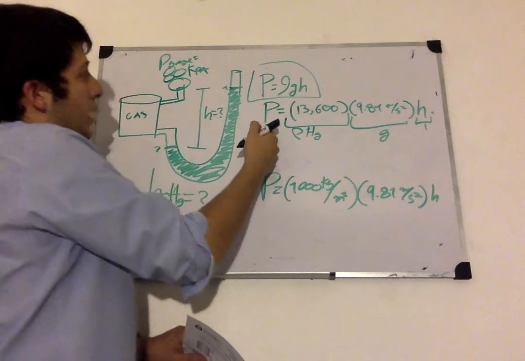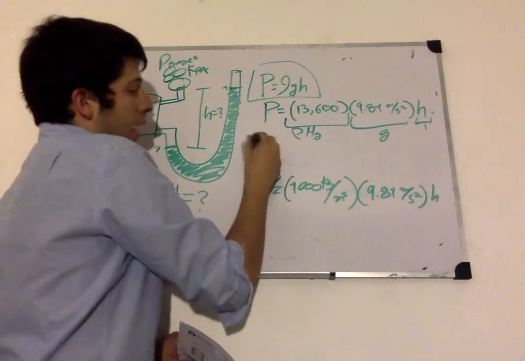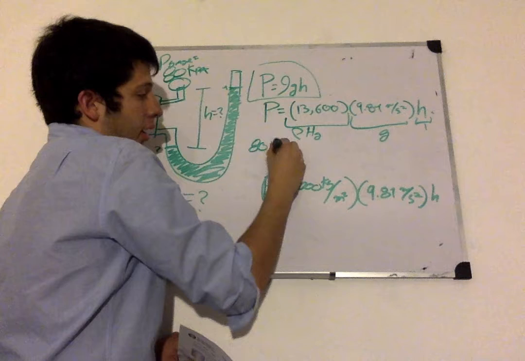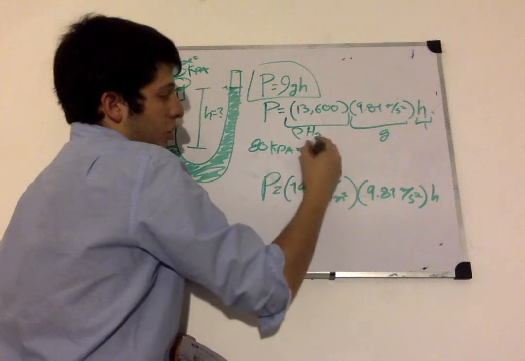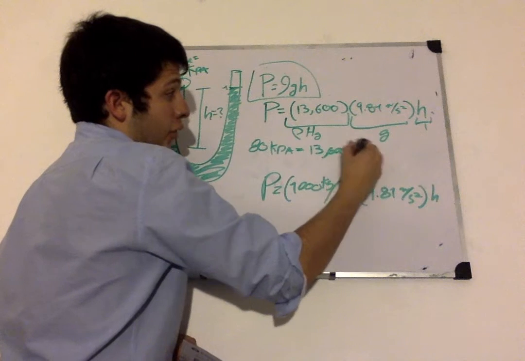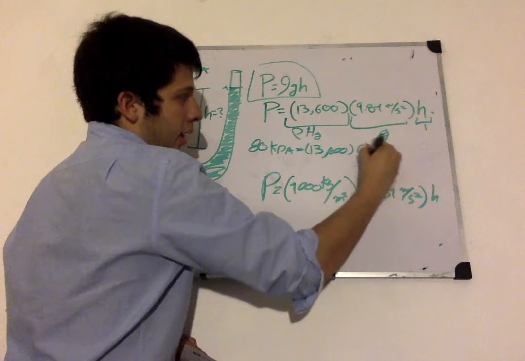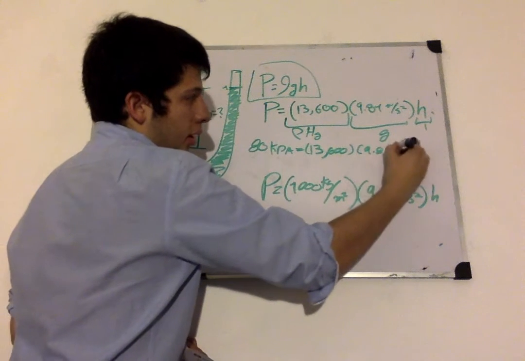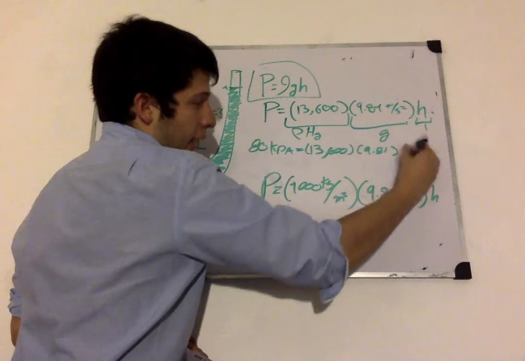So we know that P should be 80 kilopascals, right? 80 kilopascals should be equal to 13,600 times 9.81 times the height.